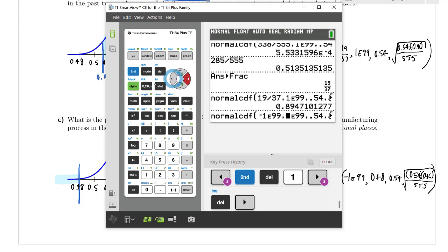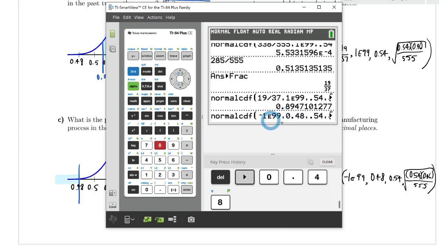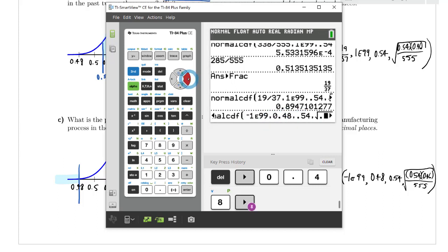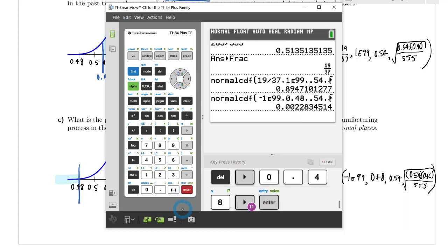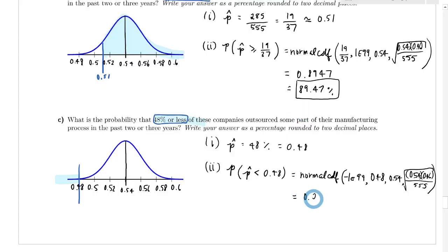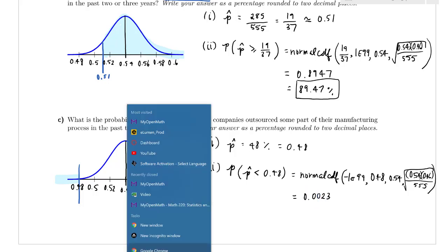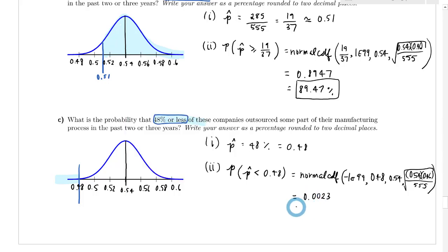And this one will be 0.48. And it looks right. I got rid of all the extra numbers. Okay, but notice the mean is there and the standard deviation is there. I think we're ready. So 0.0023. So rounding this to a percentage, we get 0.23%.